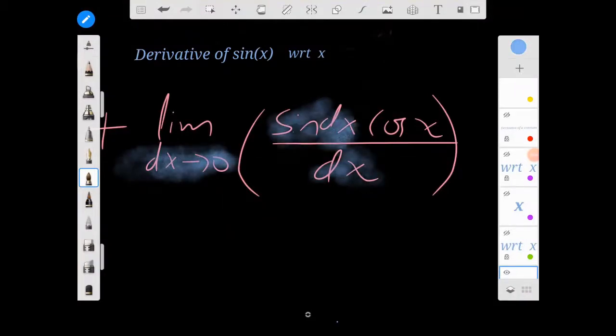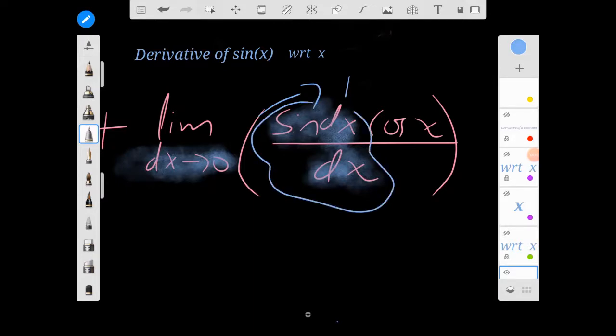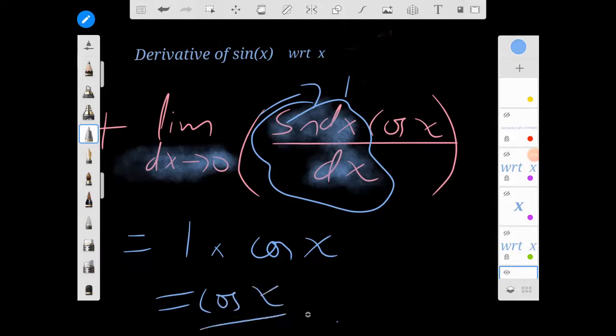When x tends to 0, sin x by x approaches 1, we saw that in the video. So this value approaches 1, and we can change the limit now because there is no more dx. So it is 1 into cos x, which is cos x. So what is our answer? The derivative of sin x is cos x.